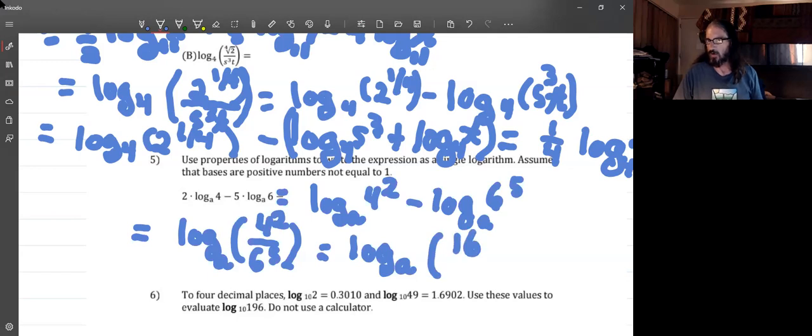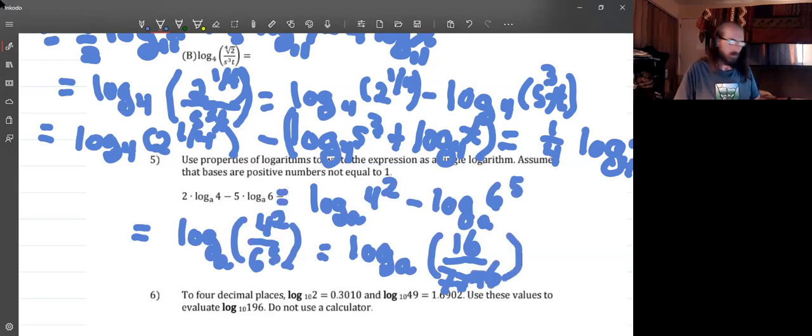They figure out what those are. So 4 squared is 16, and 6 to the 5th is 7,776. That can be reduced. They might even expect that. I'm not sure.